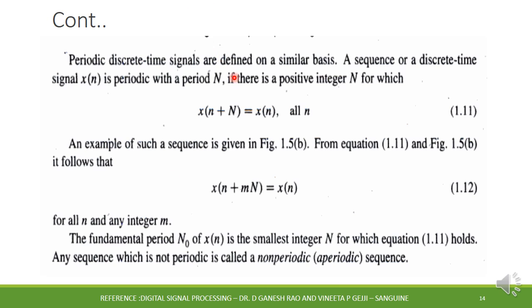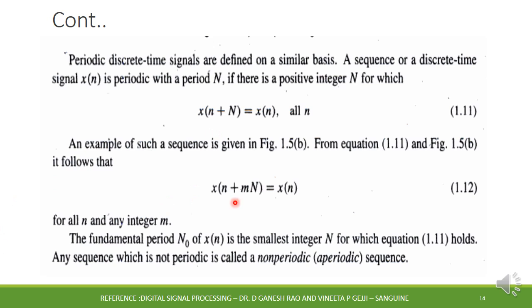Periodic discrete time signal. So that is about the periodic continuous time signal. Then what do you mean by discrete time signals? Periodic discrete time signals are defined on a similar basis. A sequence of discrete time x of n is periodic with the period N if there is a positive integer N for which x of n plus N is equal to x of n for all n.